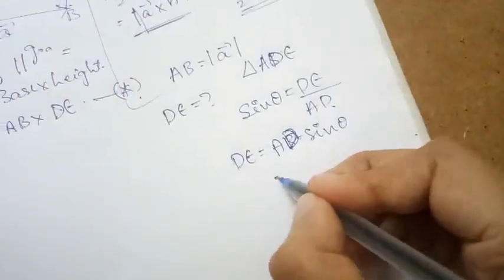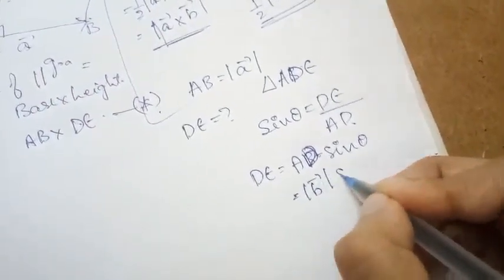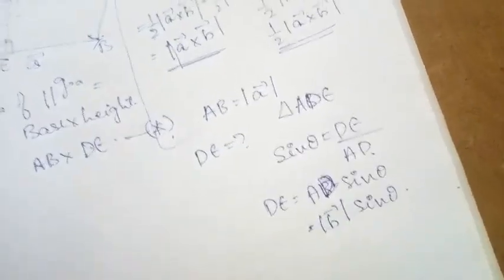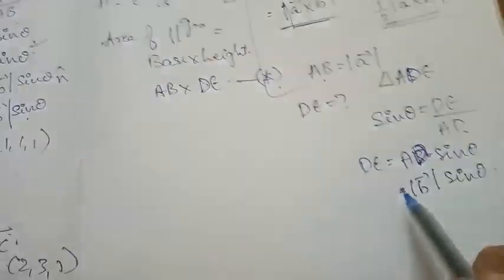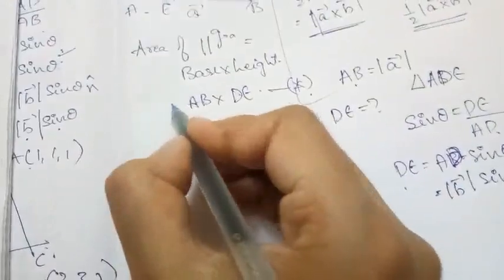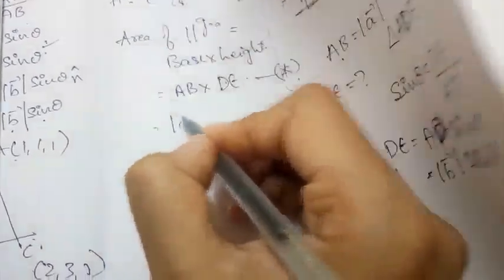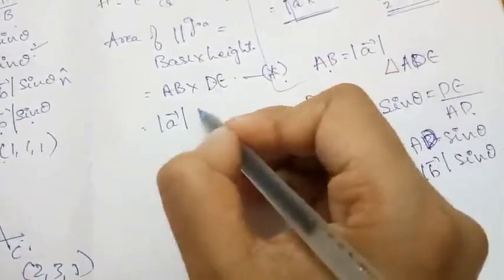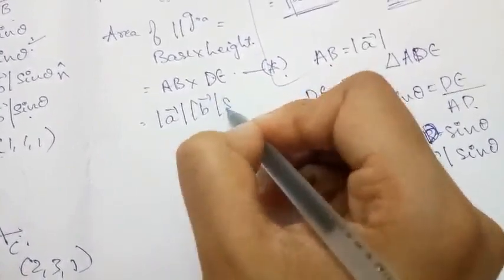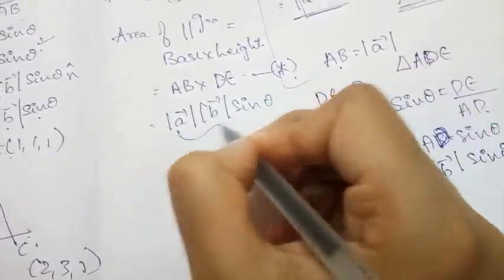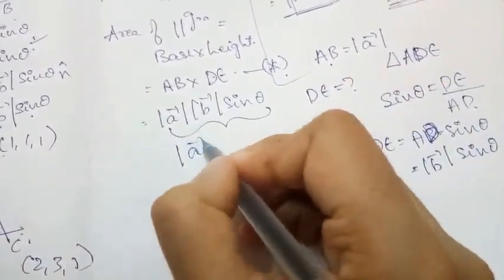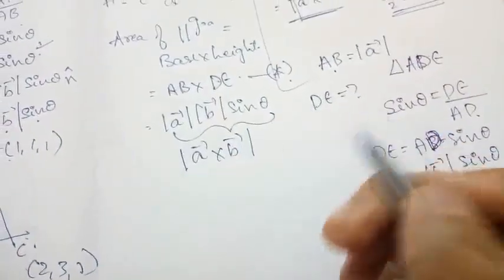It is nothing but the magnitude of vector B, so DE is magnitude of vector B sin theta. So we now got AB as well as DE. Substitute the values here. What is AB? Magnitude of vector A. What is DE? Magnitude of vector B sin theta. So it is nothing but what? Magnitude of vector A cross vector B.